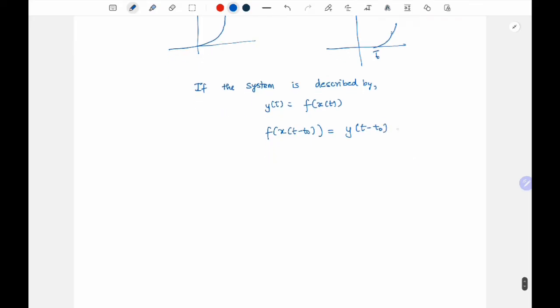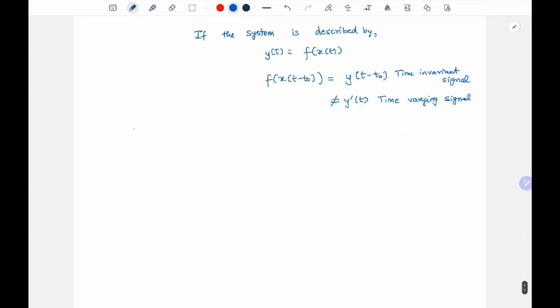Okay. If it is some other y prime of t which is not equal to y of t minus t naught, then it is called a time varying system. So this is a time varying system, and this is a time invariant system. So let's see some examples. First let's see some examples for time invariant.